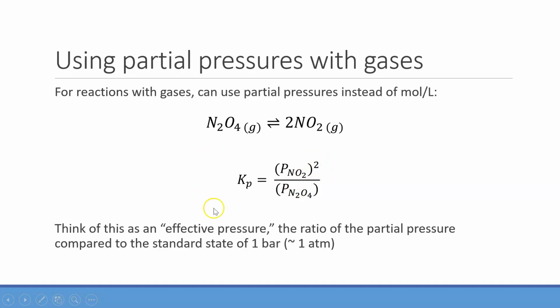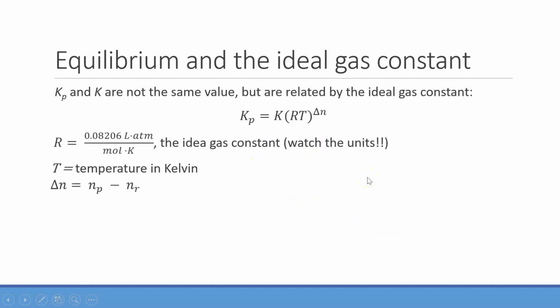So what this actually means is it's like an effective pressure, which is the ratio of the partial pressure compared to the standard state of 1 bar. 1 bar is very close to 1 atmosphere. If you're not comfortable thinking in bars, just think 1 atmosphere. It's roughly the same. So Kp is not the same as K, but it is related, and we'll see that in a second.